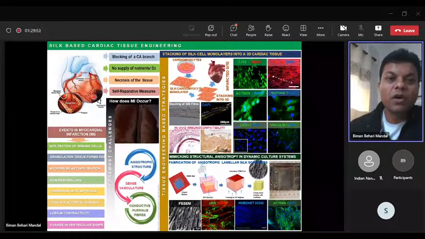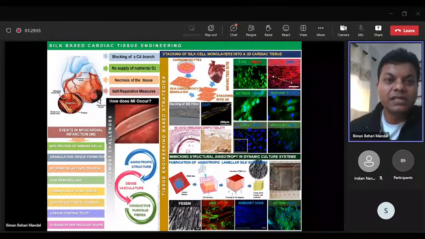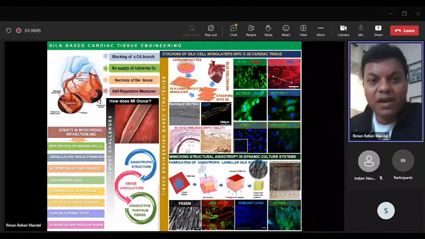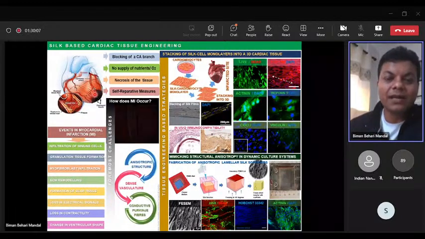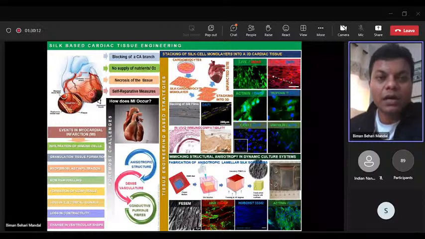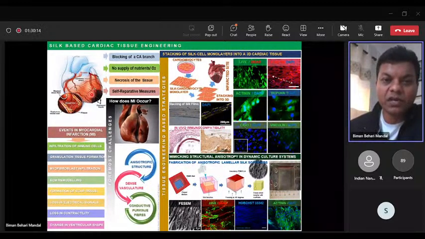They work on the electrical signals which arise from a particular node, and that is how the entire heart starts to beat. Now, because there is dead tissue here, this leads to arrhythmic beating of the heart and leads to cardiac arrest, or the heart attack as it is popularly known.